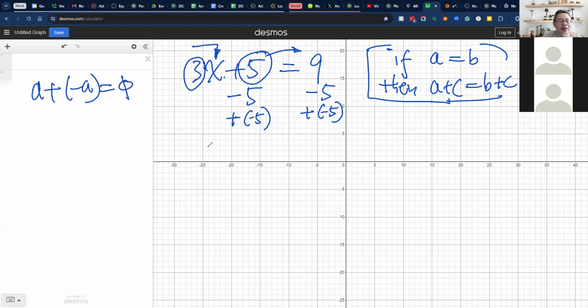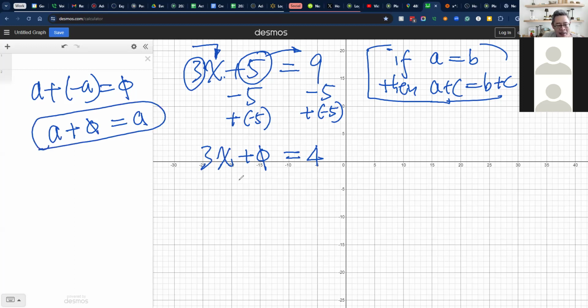It's called the inverse property. So therefore we got 3x plus 0 on this side. On the other side will be 4. That's just simple arithmetic. And we know that 3x plus 0 is just 3x because of this rule, called the identity property. Okay, so we got 3x equal to 4.